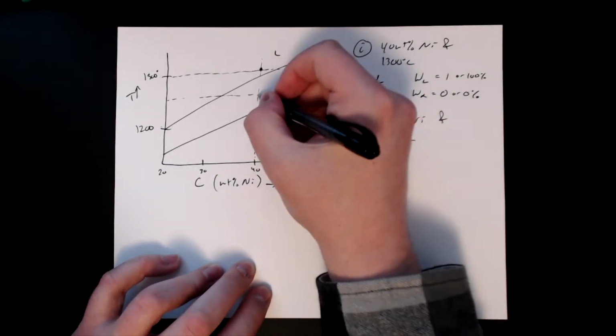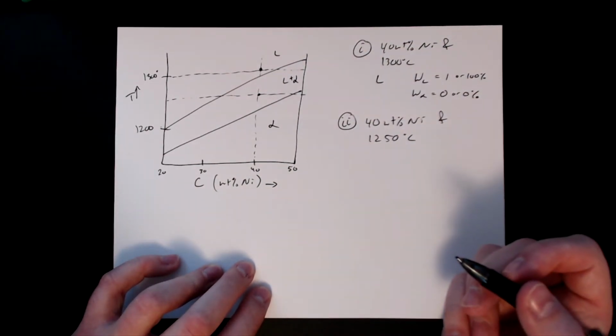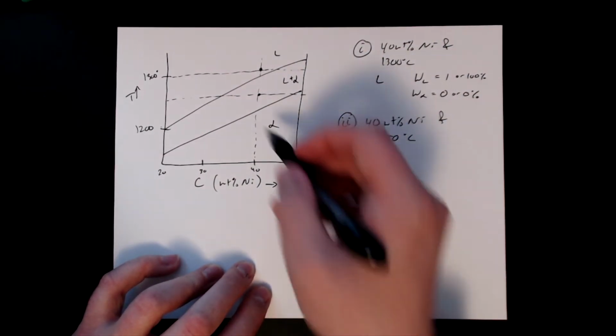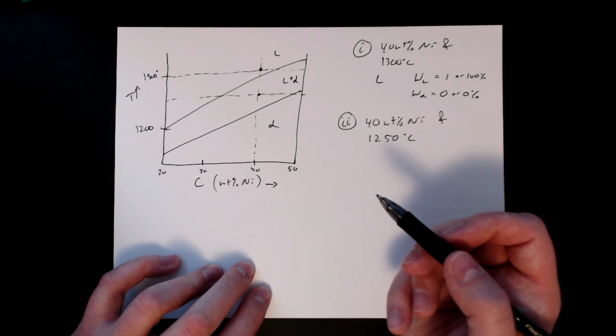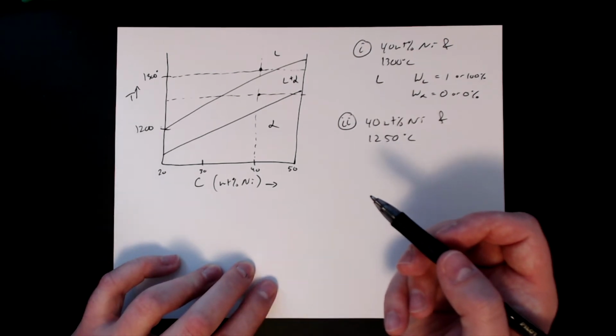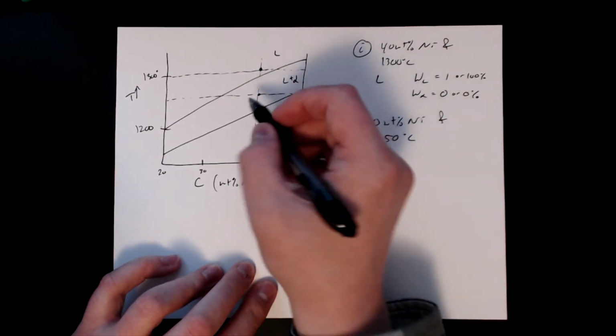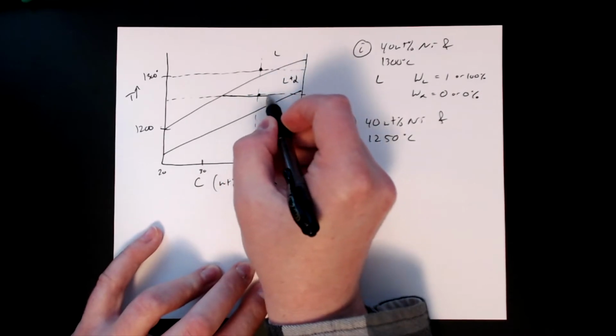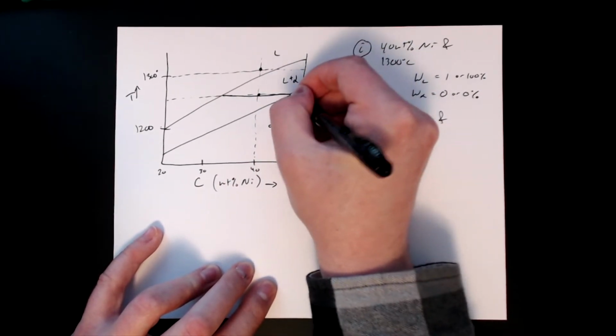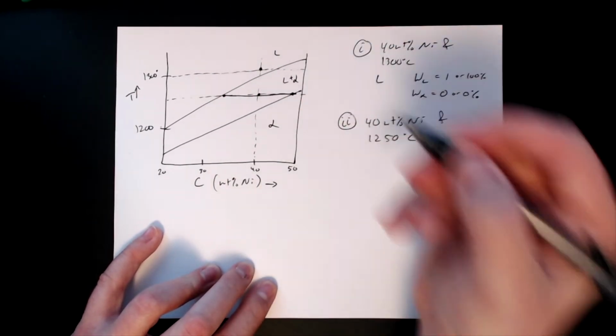However, at the lower temperature of 1250, we see that we are in that 2-phase field. So we're going to need to apply the lever rule in this case. And so I draw my tie line first, and I have my endpoints.